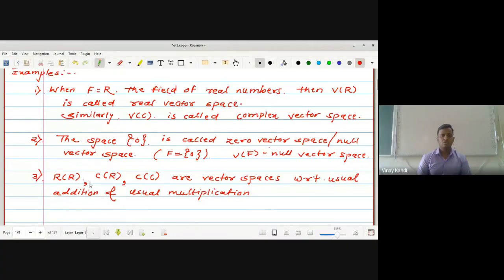It forms the vector space: R over R, C over R, and C over C.